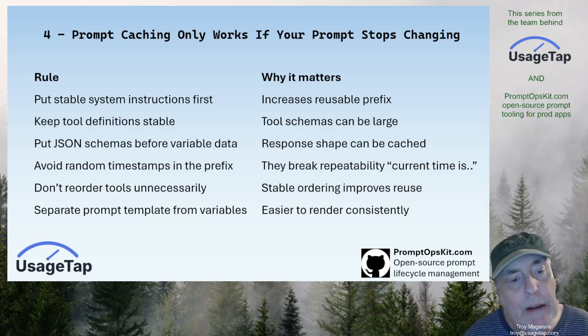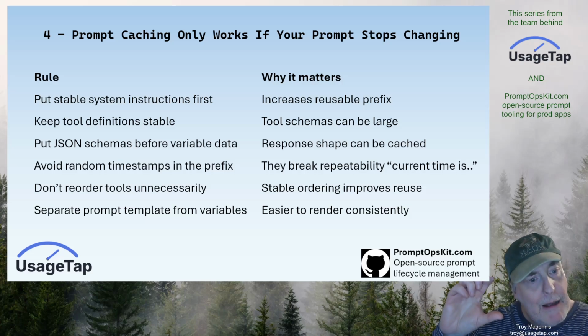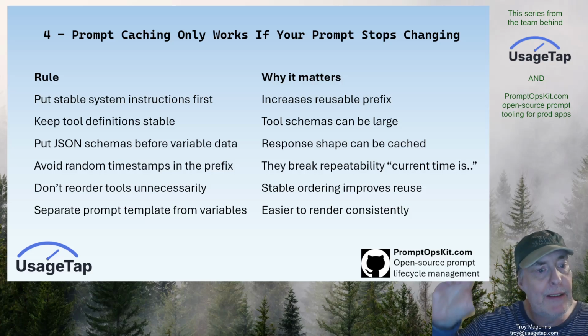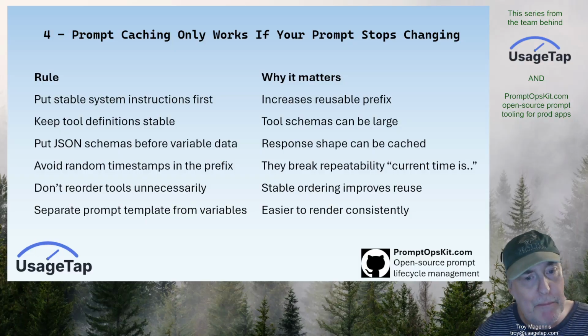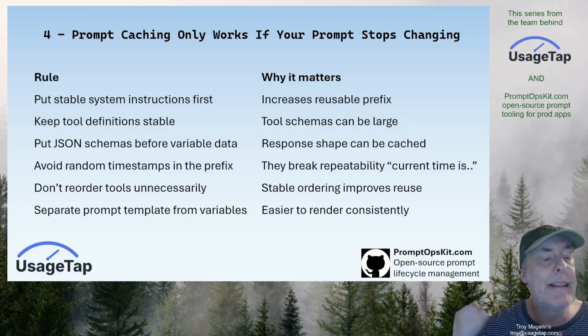Now, if you're going to respond in a JSON schema, put the JSON schema either in the system instruction or at the very top of your prompt, not at the bottom. Because if you then give it some variable context data, that's going to be seen as a brand new section, a brand new block.